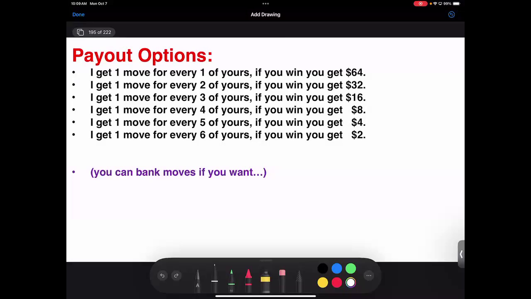Nothing, right? It's very important that you guys have no consequences if things go south. All right? So you are risking nothing. You can play high stakes for tuition or lower stakes for money. For tuition, I get 1 move for every move you do because that's a lot on the line.